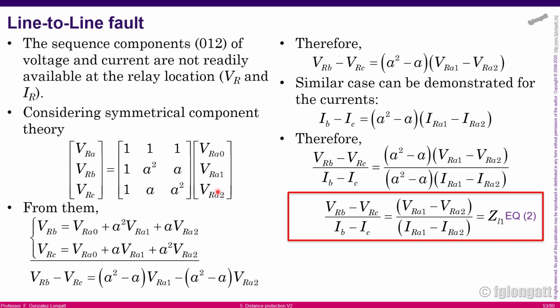From there, we can do a few mathematical tricks that we already did in power system analysis. If I divide the voltage difference between phase B and C at the relay location by the difference between the currents B and C, we obtain what is supposed to be the positive sequence impedance that this relay sees when there is a line-to-line fault.